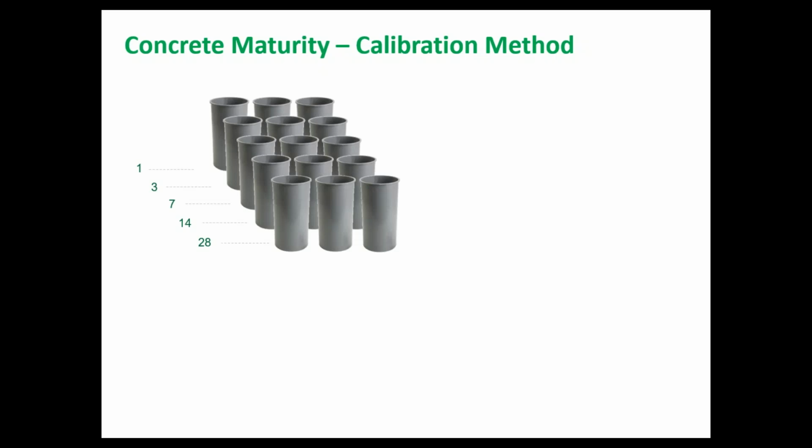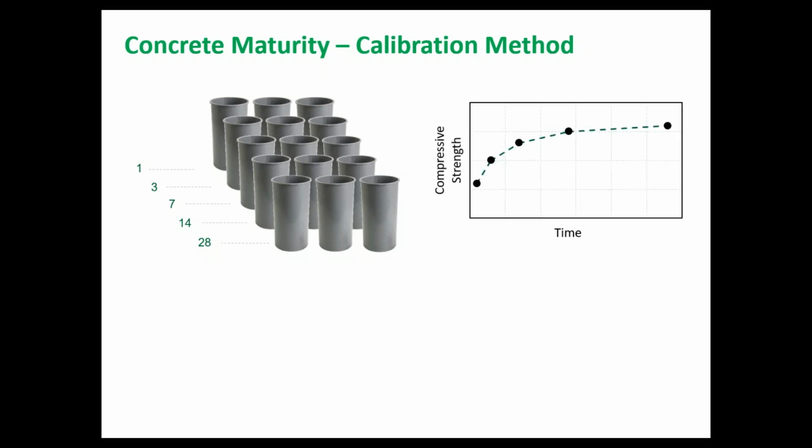These 15 cylinders are used for strength measurement. These are cast from the same mix that is going to be used in the field. You cure them in lab conditions, so they don't have to be in the field conditions. They are cured in static lab conditions, and you basically break these cylinders at 5 different times.